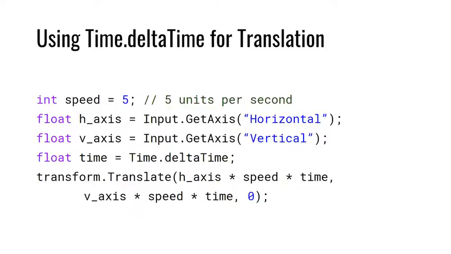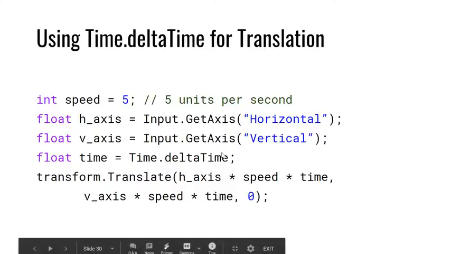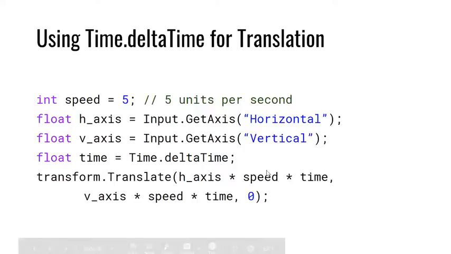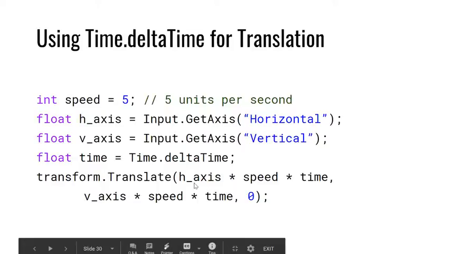So if you have a speed of 5 and you translate it at the axis times the speed, and you multiply it by Time.deltaTime, it'll start moving 5 units per second instead of 5 units per frame, which is actually really fast. And also you don't have to do it like we did earlier, where you just put the whole thing inside of Translate.